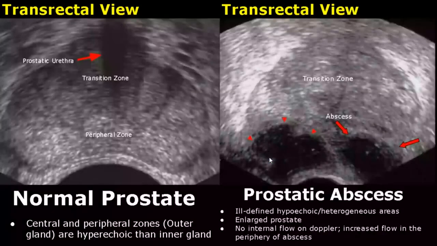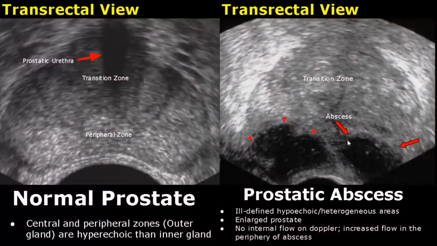Prostatitis can lead to an abscess, which will appear as ill-defined hypoechoic or heterogeneous area. The prostate will be enlarged. There will be no internal flow on Doppler. However, there will be increased flow in the periphery of the abscess.